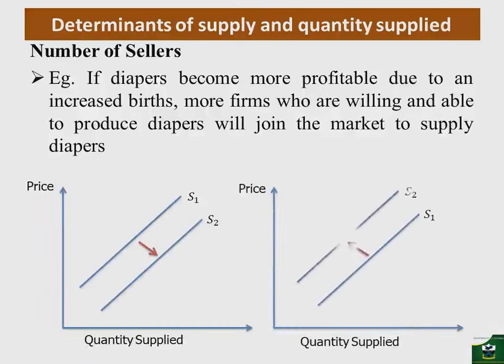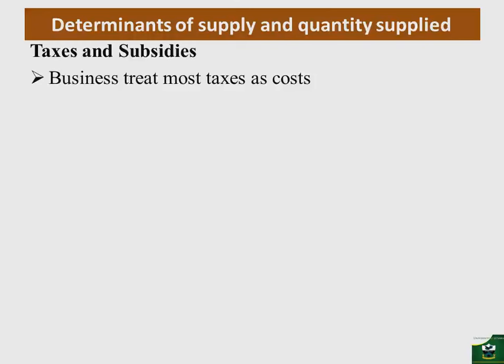We also have the taxes and subsidies being the determinants of supply, and noted that businesses treat most taxes as costs, because if the tax is high, it means that then firms will be incurring more costs in producing a given item whose tax is high.